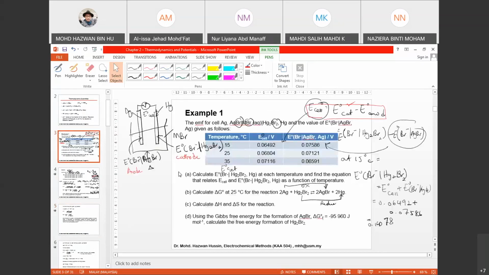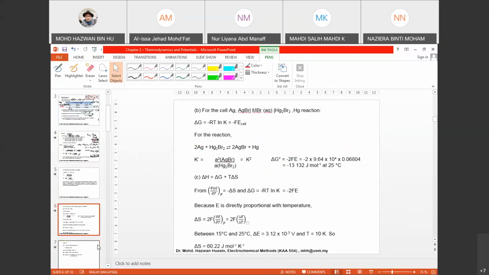So what is the next question? Calculate delta G at 25 degrees C for the reaction 2 Ag plus Hg2Br2 giving 2 AgBr plus 2 Hg. So they want us to calculate the delta G. So what do you need for delta G?